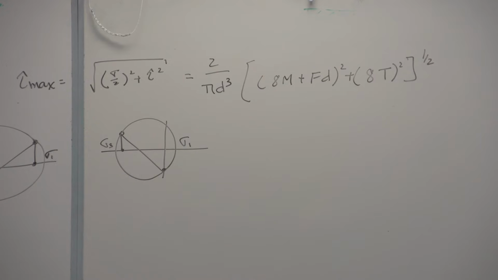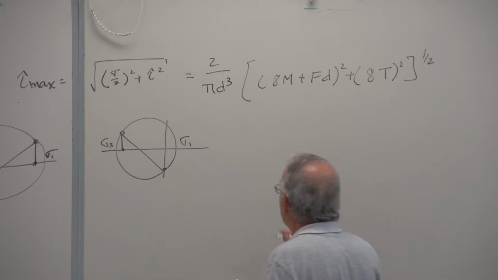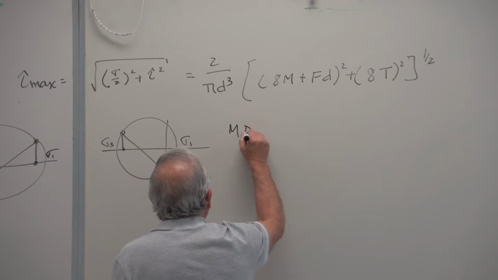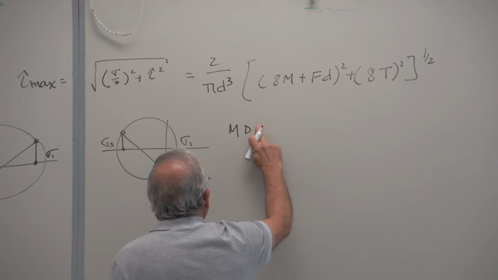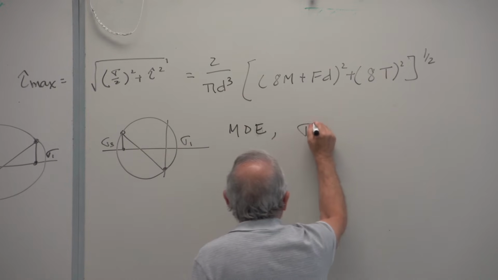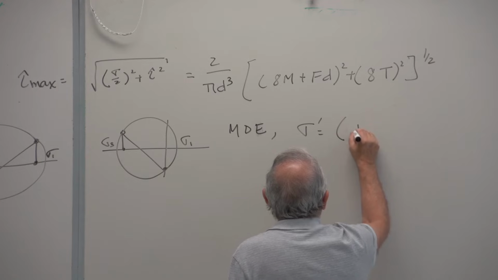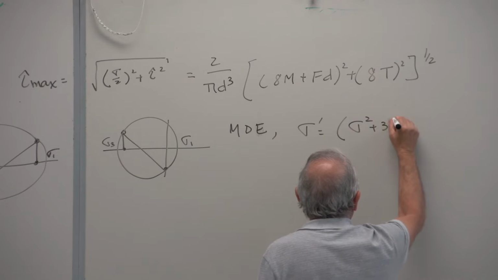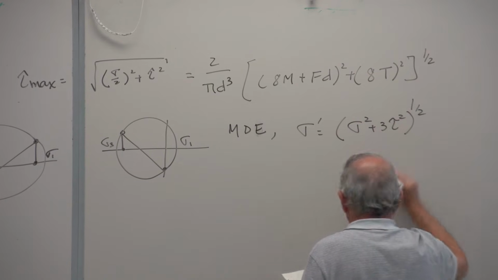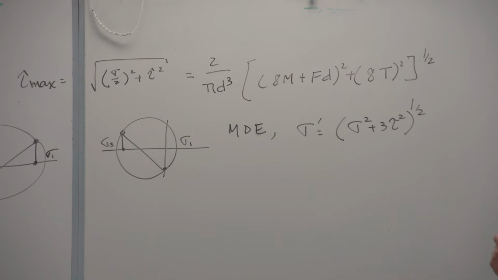We can also use the von Mises theory, or maximum distortion energy. Sigma prime will be equal to sigma squared plus 3 tau squared to the 1/2.